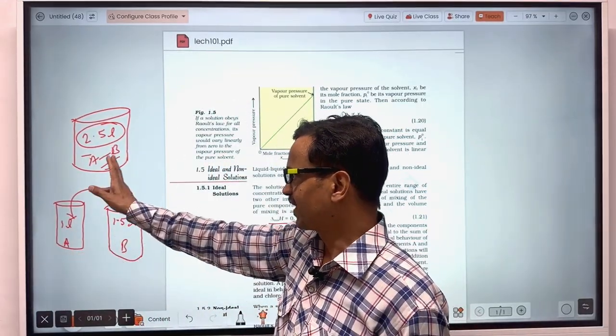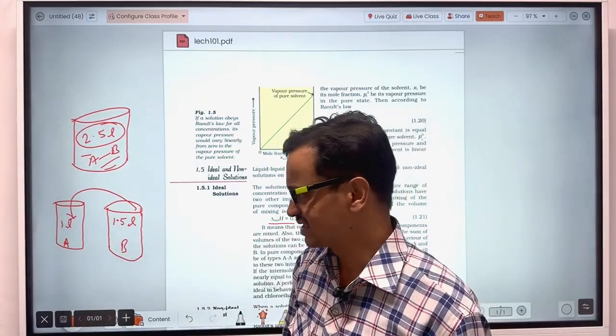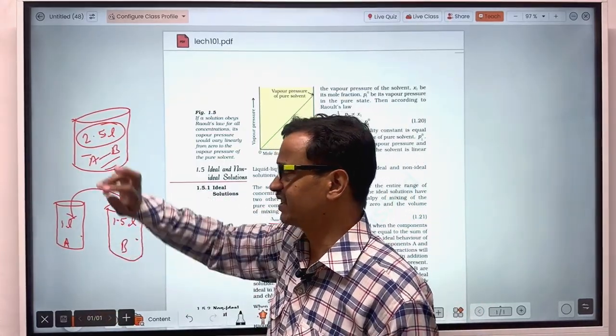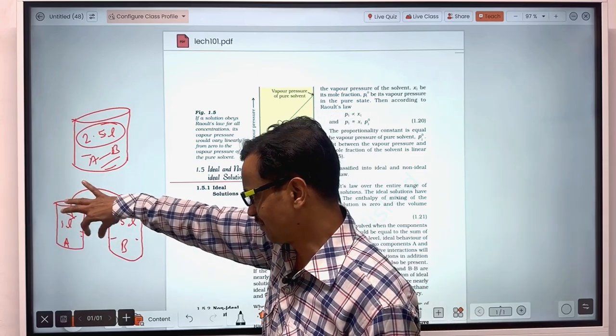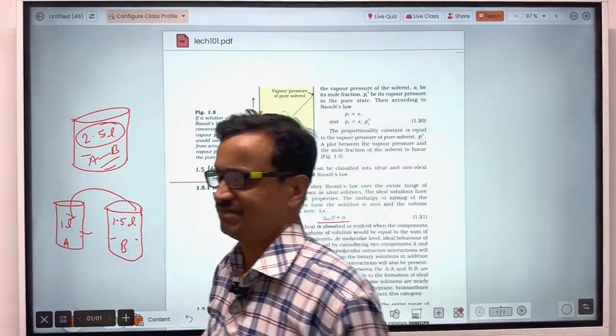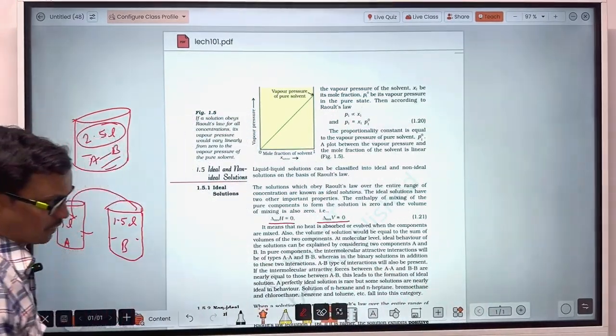And delta V mixing equal to 0 means the total volume of the resulting solution should be the summation of both liquids. That is in an ideal solution.